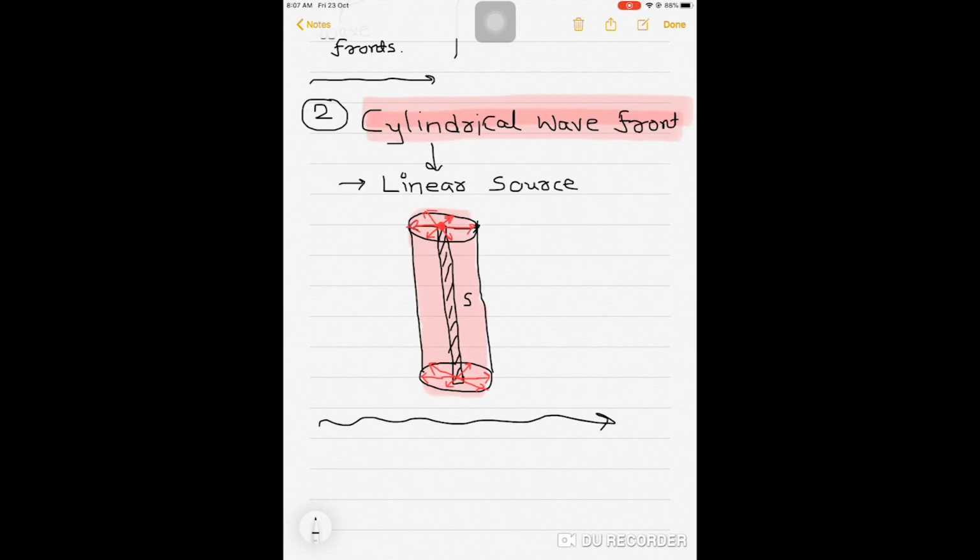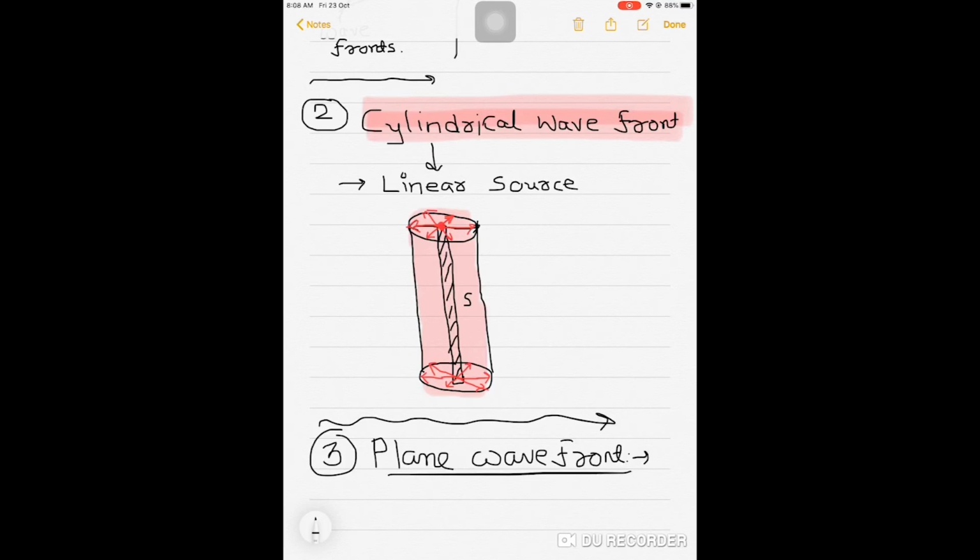The third type of wavefront is a very simple wave, and that is called the plane wavefront. What are the necessary requirements for the plane wavefront?